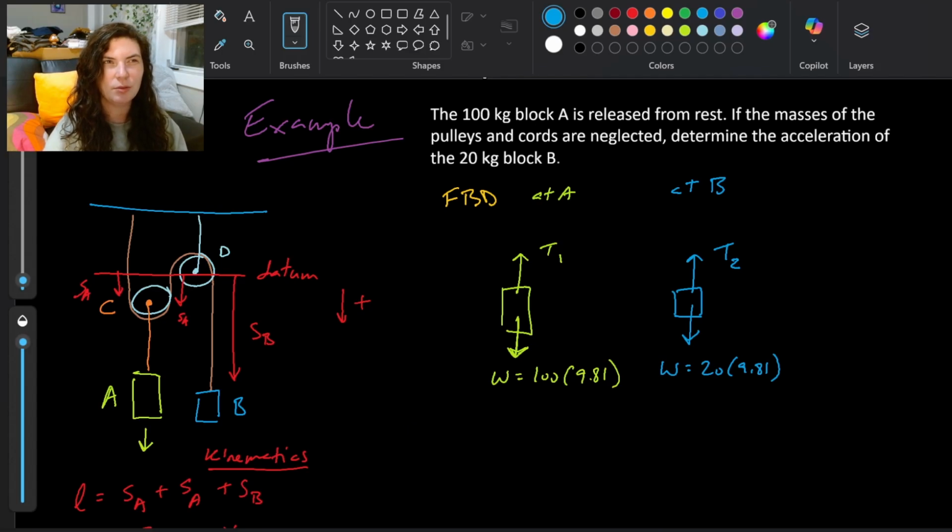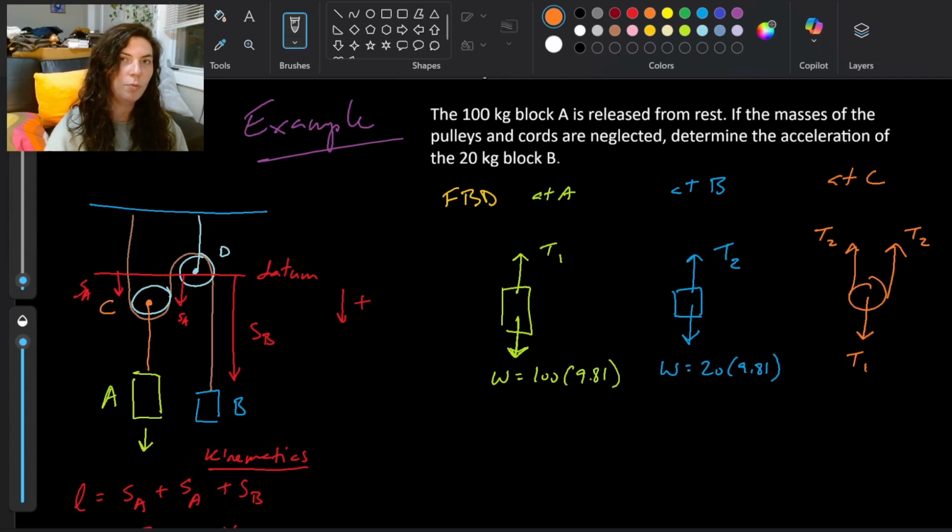Now we've got to think, how can I relate this T1 and this T2? If I look at any of my other bodies on the diagram, I do have one, and this is a blast from the past from statics, from our pulley problems in statics, where if I look at pulley C and make a free body diagram of it, what I'm going to find is that I have the tension of the orange cord that connects to A, T1, coming down off of that, while I also have the brown rope that connects through the pulleys, T2, on either side.